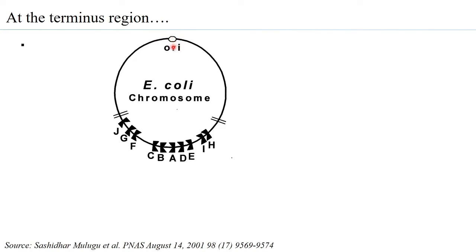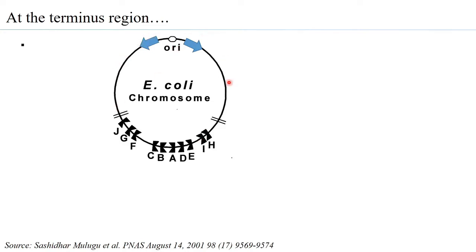And with the different ancillary proteins, replication initiates in both directions. So therefore, replication is bidirectional. One replication fork will move in this direction and the other replication fork will move in the other direction.